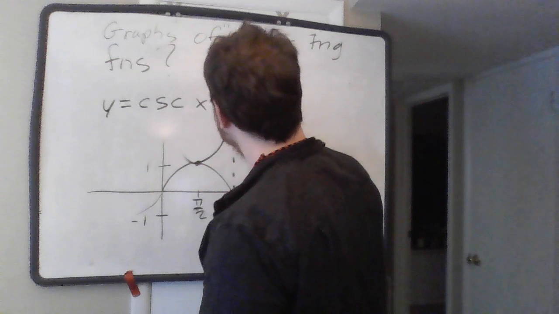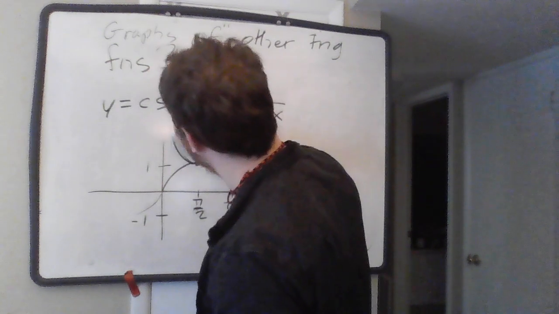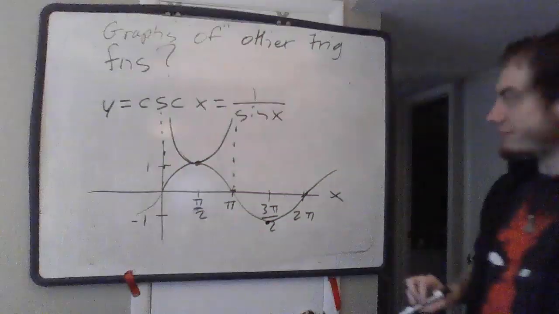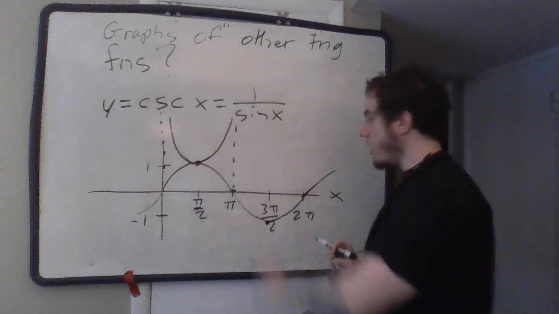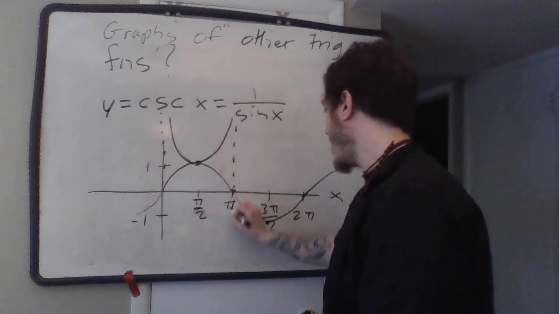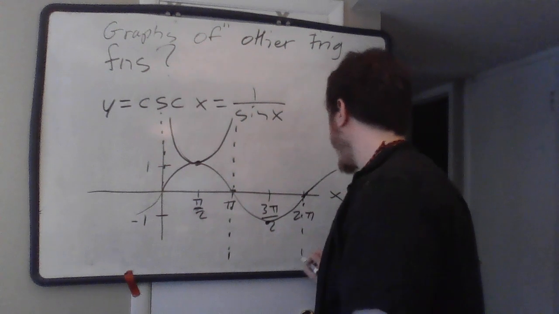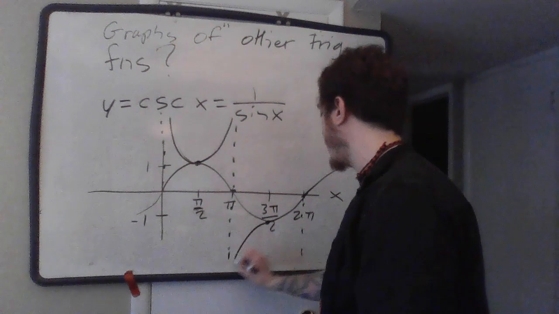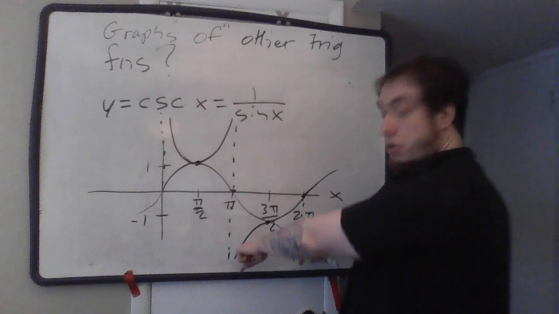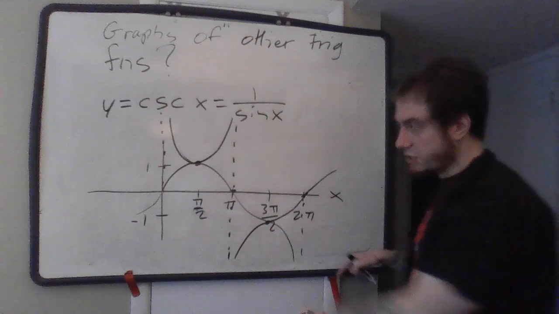So we're going to get a vertical asymptote here and another vertical asymptote at 0, with this U shape going upwards. Over here, same kind of idea, except this time we get a U shape going downwards, going to the vertical asymptotes downwards because it's negative.